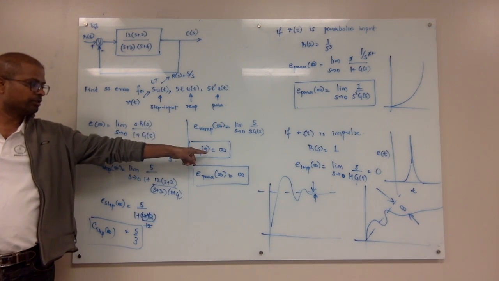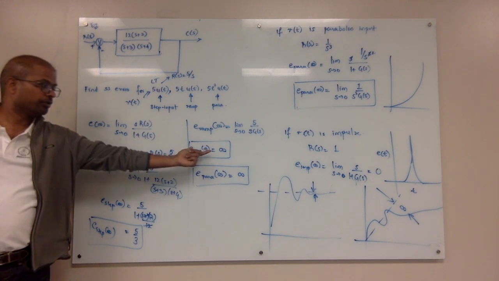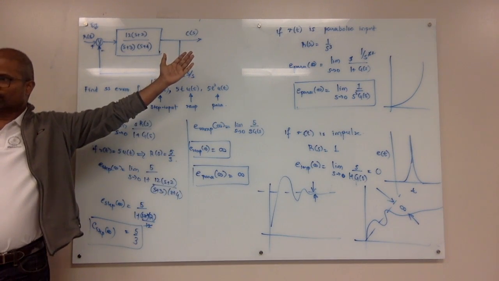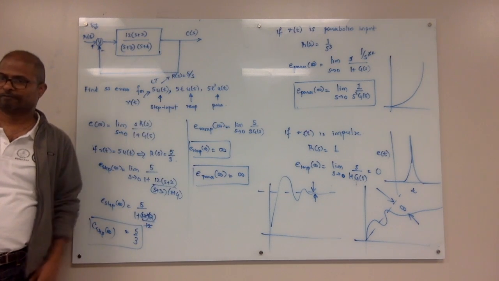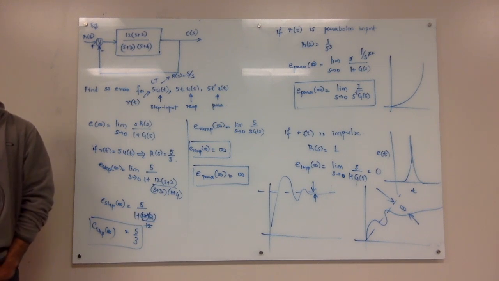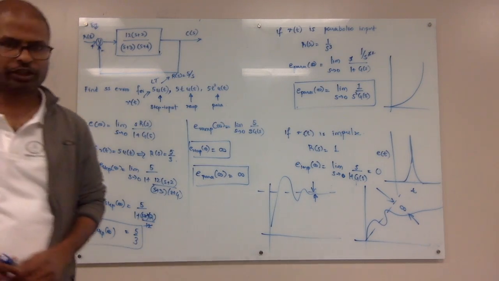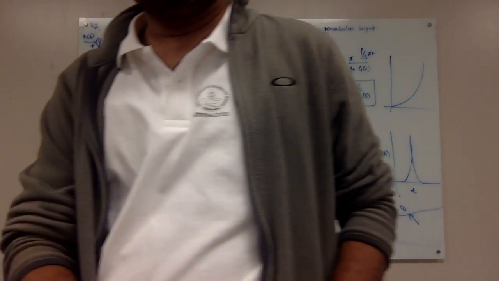For this system, with a ramp input, the steady state error is going to become huge and huge, and similarly for parabolic input. It's trying to reach there, but it will never reach there. Any questions? Good? Alright.